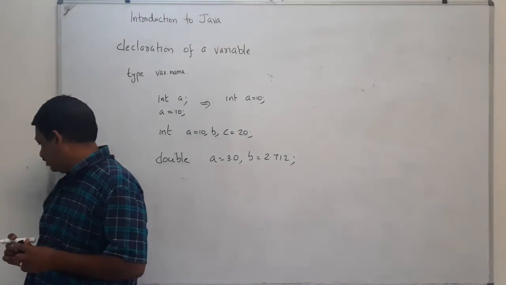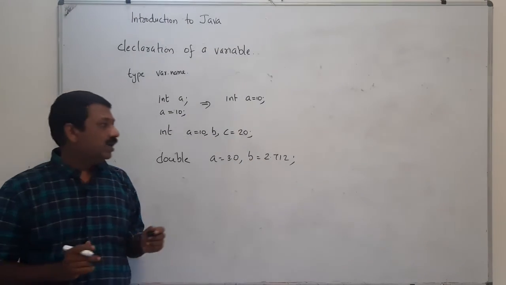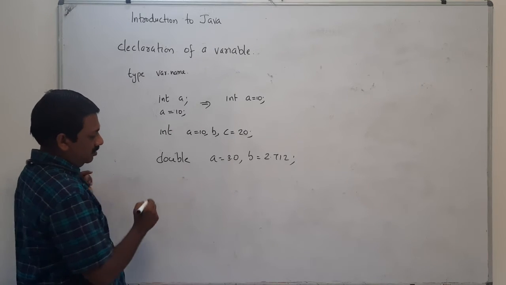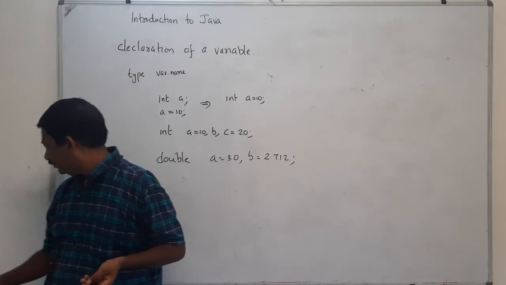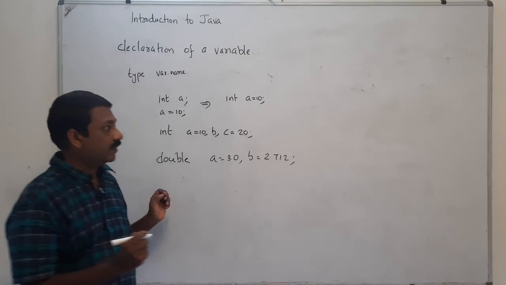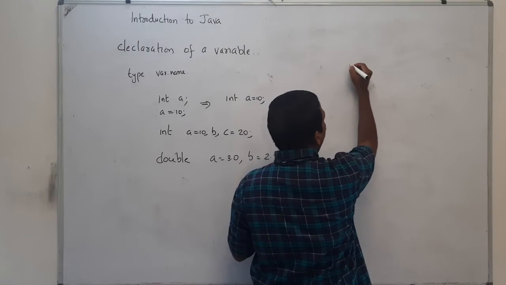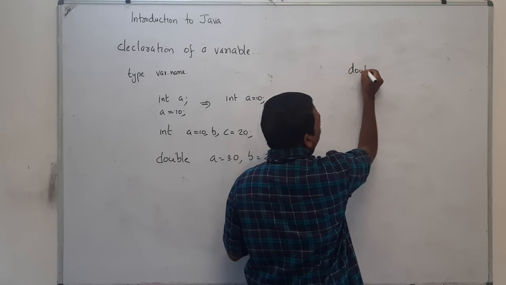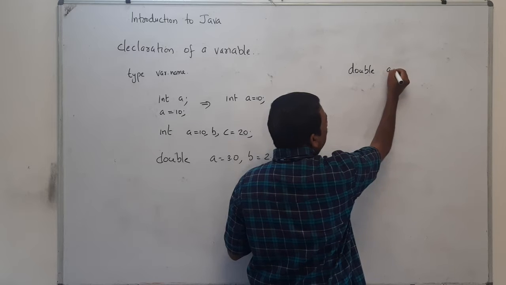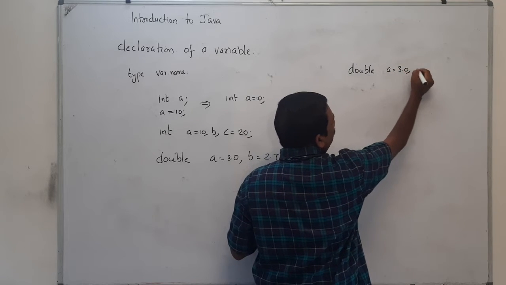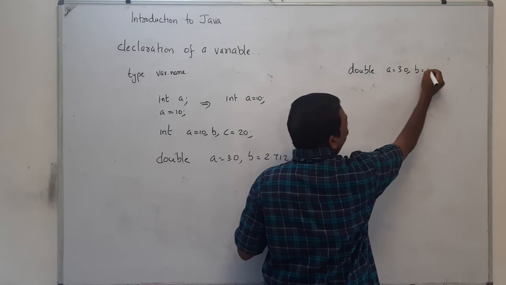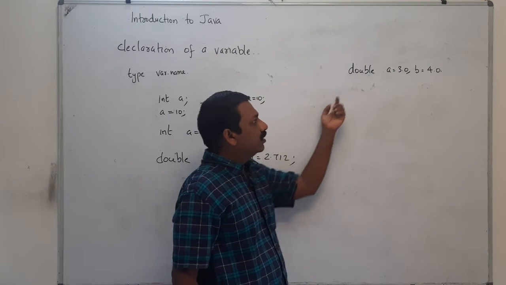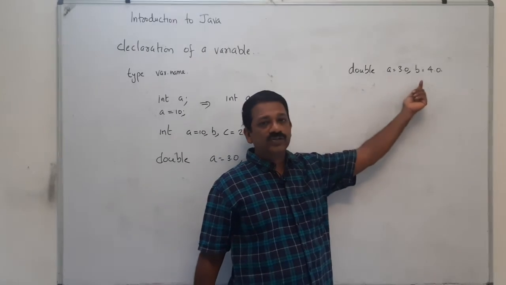Then we have dynamic initialization. For example, suppose that here I have two variables, double a equal to 3.0 and b is equal to say 4.0, and now I'm going to find root of a square plus b square.